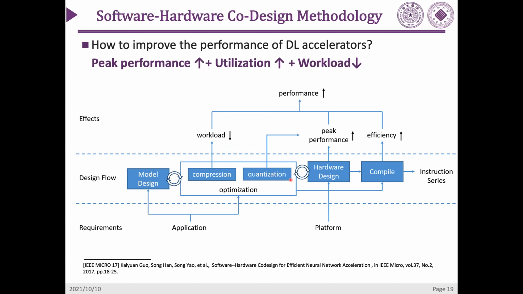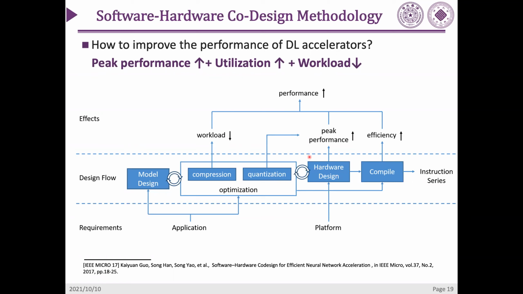And also if you have 8 bits or 1 bit for the representation of each number in the whole neural network, then the basic multipliers or the adders in your hardware will become low-bit basic components.